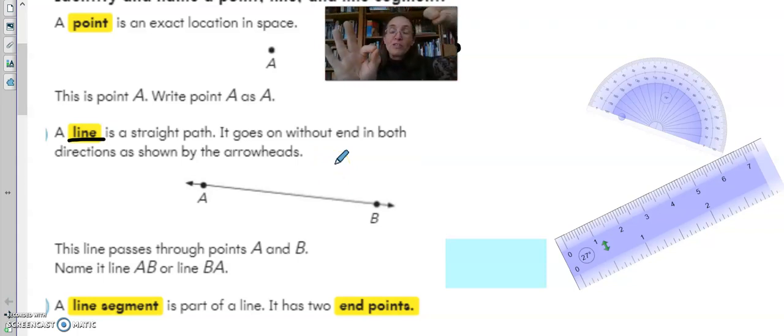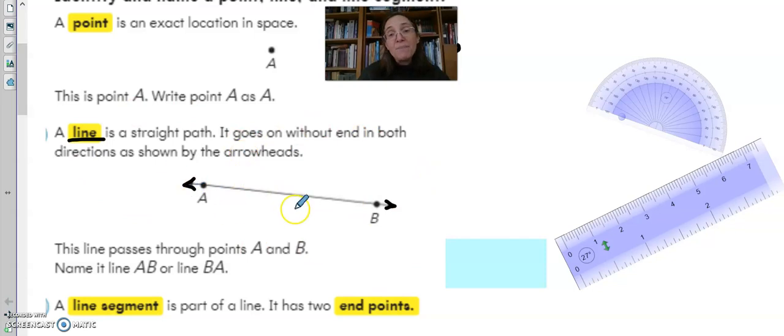No matter which direction it's headed, no matter if it's going like this or like this, it just keeps going in opposite directions forever and ever and ever. Like right through the earth, if necessary. So they show that by putting these arrows on the end of where they have drawn the line.